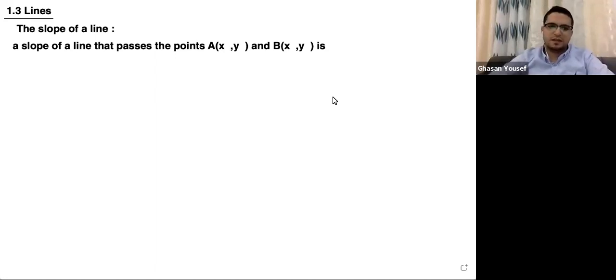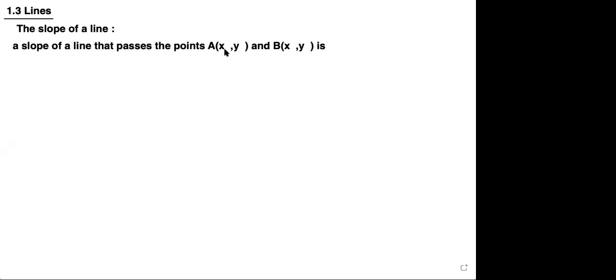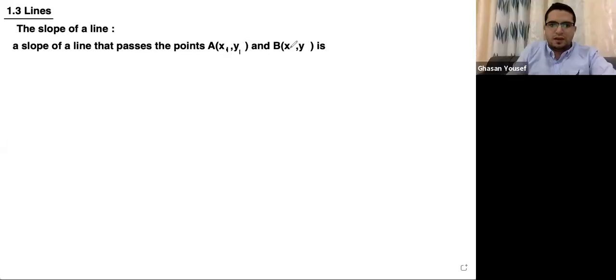The slope of a line that passes 2 points. The first point is A of x1, y1, and the second point is B of x2, y2.